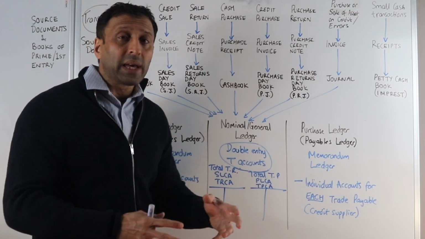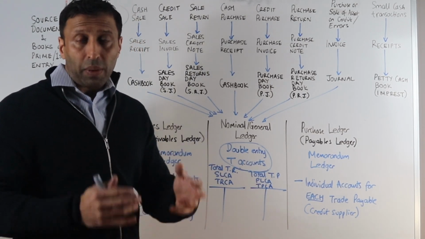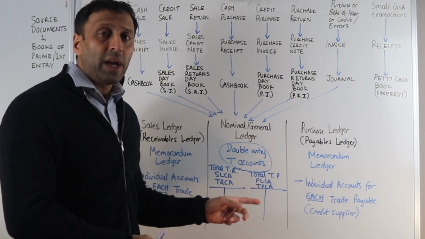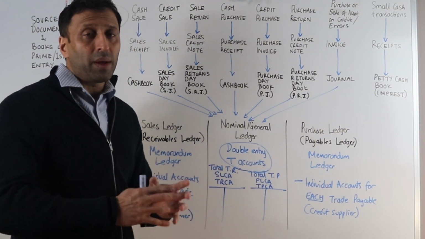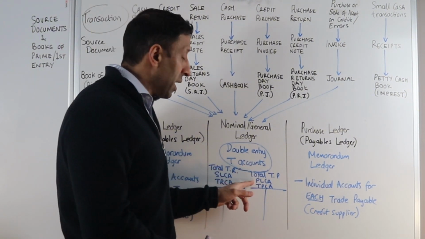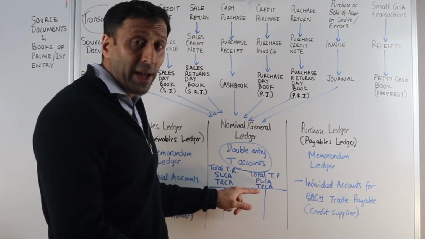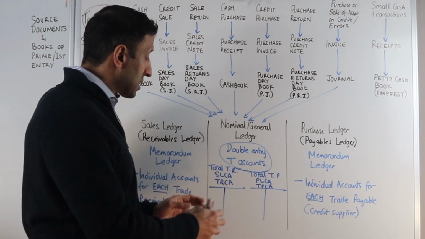And we also have one account for all our credit suppliers, our trade payables. So this one account is for total trade payables, all of them. And this is known as the purchase ledger control account or the trade payables control account. So that's the same thing.